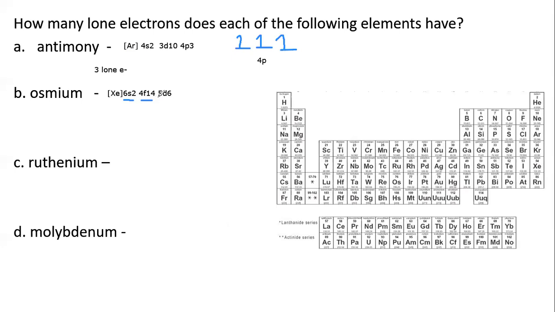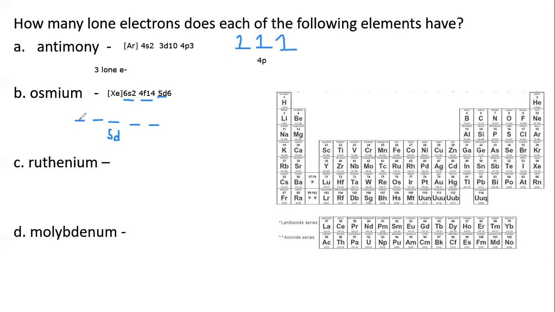Now if we investigate 5d a little further, because you see it's partially filled, we'll see how many lone electrons we have, if any. So again, it's 5d6. So the d orbital has 5 degenerate orbitals, so 5 dashes. They should be all level, but I can't draw in a straight line for some reason. And so now, according to Hund's rule, again, this is the 5d orbital.